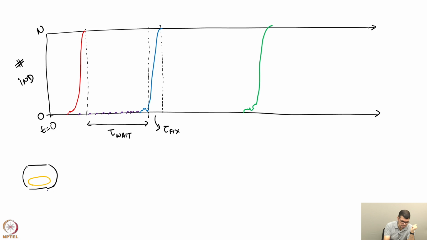So, the first point we want to make is that when we start this experiment, let us say this orange circle represents the genotype of the ancestor.